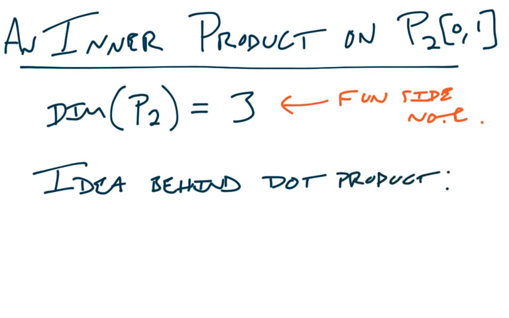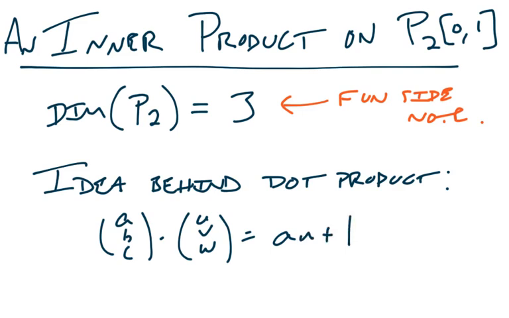The idea behind the dot product was that if you are dotting A, B, C with U, V, W, just making up names for the vectors here, this is AU plus BV plus CW. So you multiply component-wise and add.